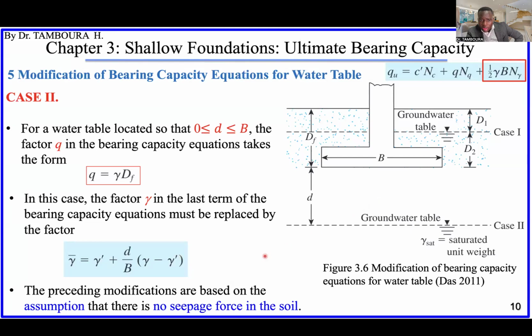Then this gamma prime is gamma saturated minus gamma of water, like in the previous case number 1. This is what we have as modification.